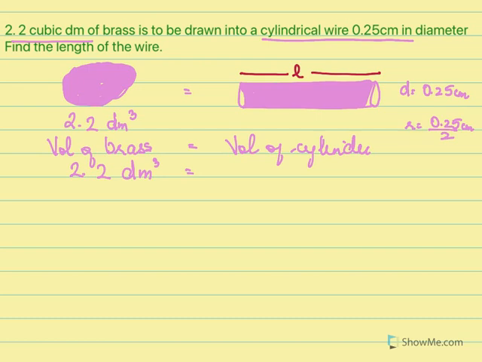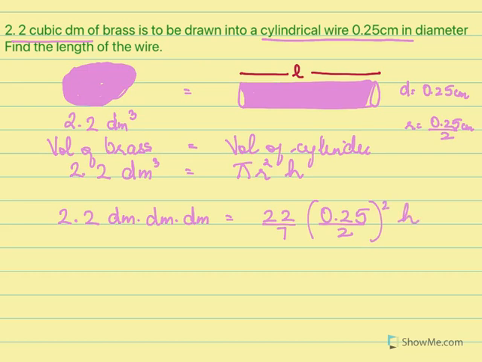Volume of cylinder. Cylinder formula, wire is in the form of a cylinder, and the cylinder is pi r square h. Now h is the length of the cylinder. Now this is 2.2 decimeter cube means decimeter, decimeter, decimeter 3 times. 22 over 7, your r is 0.25 over 2, the whole square, and h we do not know.